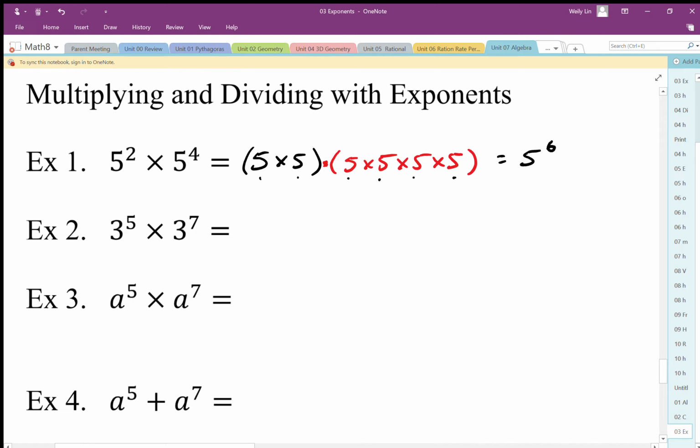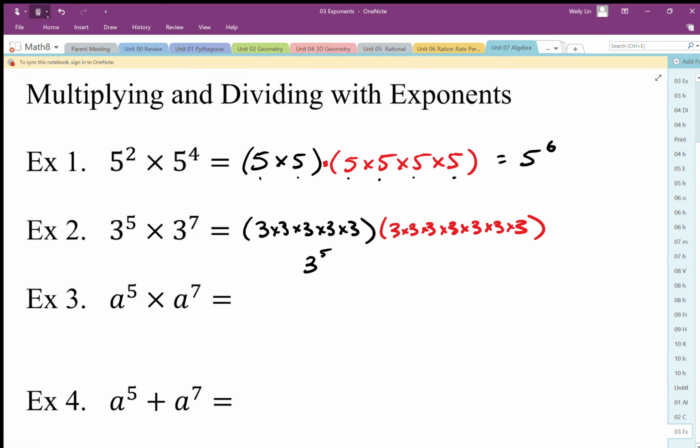So we can do the same thing here. I'm going to write it out first, but I have 3 times 3 times 3 times 3 times 3. And I can rewrite 3 to the 7 as 3 times 3 times 3 times 3 times 3 times 3 times 3. And here I end up with 3 to the power 5.